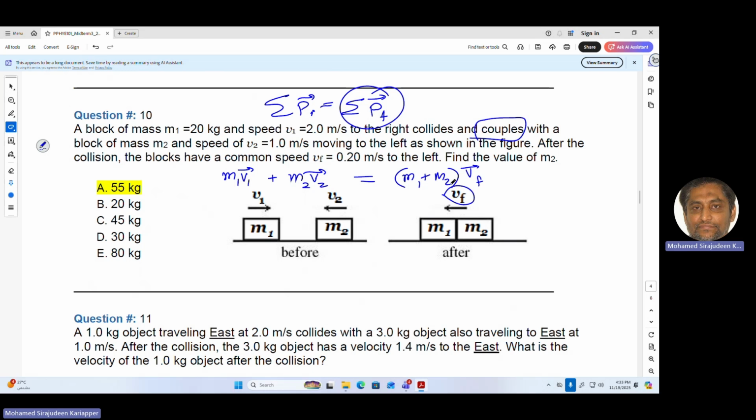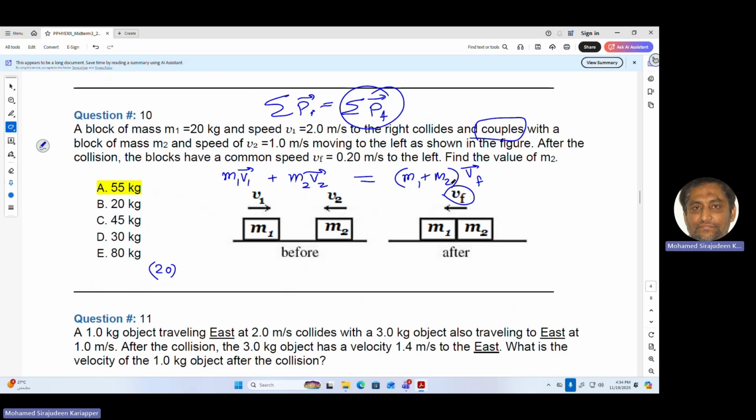Now you substitute, and you can see we know everything except the final velocity. So one equation is enough for us. Then we can solve it. Let's substitute. m1 is 20 and v1 is, okay, now it is a vector equation. You have to keep that in your mind.